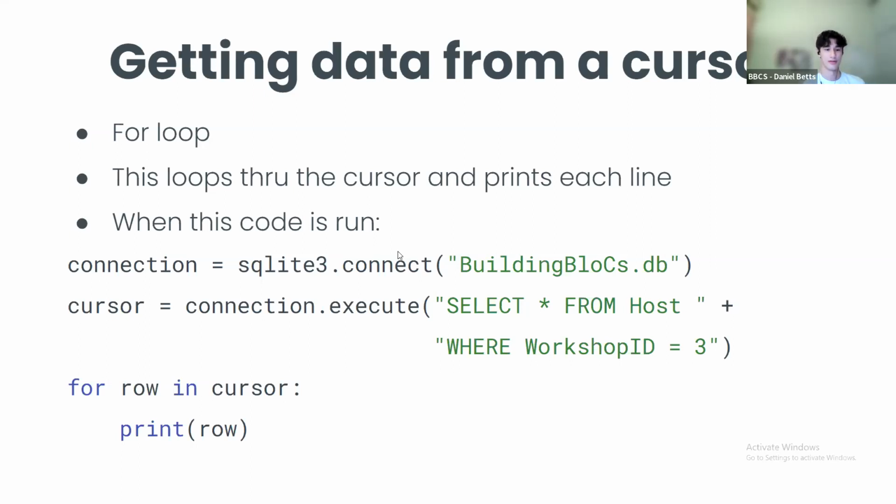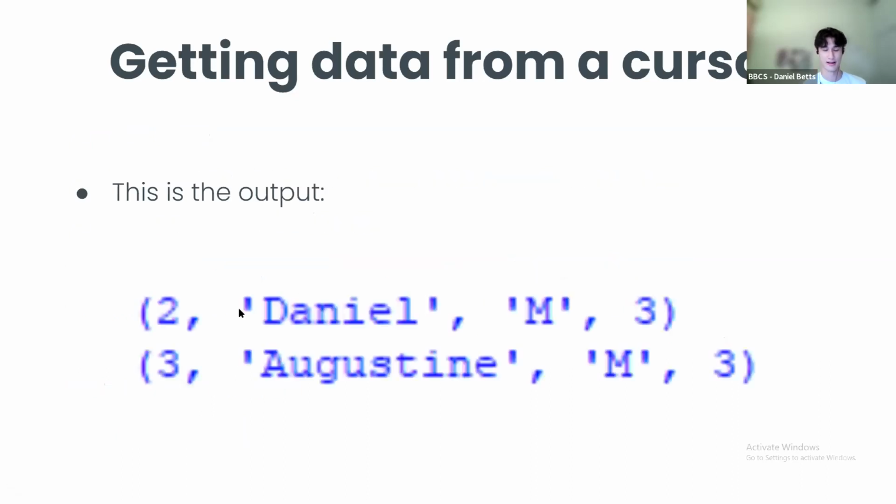And then we can print out the data row by row. So at the bottom here, you can see for row in cursor, print row. And with this code, what it prints is just all our data, but row by row. So it goes my data and then Augustine's data, which is exactly what we wanted to get from the database.